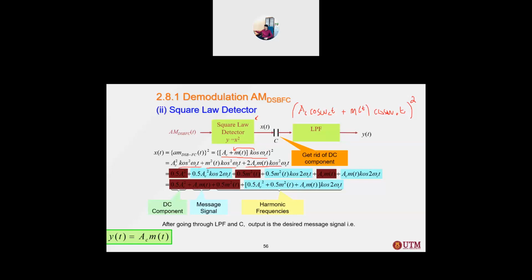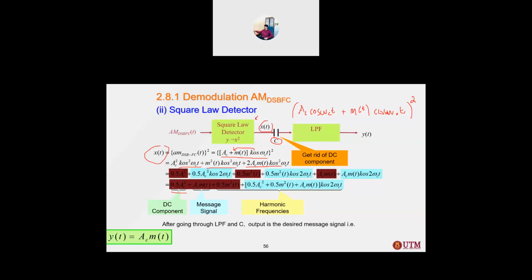Then it goes through what we call the DC blocker, because we have the capacitor. So when it goes through the capacitor, it removes the DC signal. So you see here, this one is from the output of the square law detector. You have a DC component. This one is totally DC, because this one is just a number.